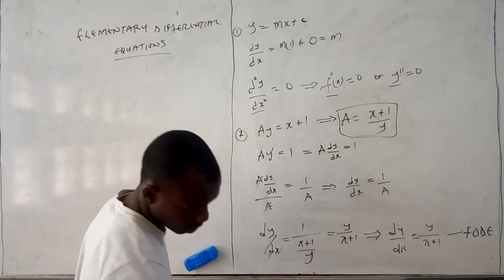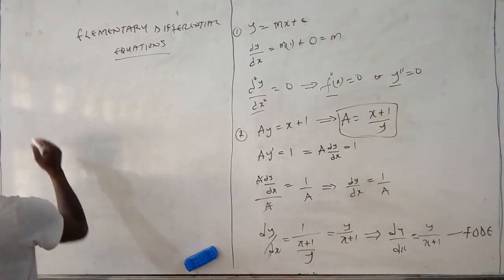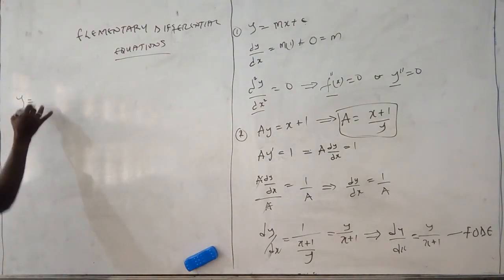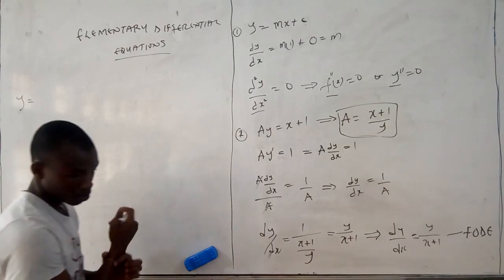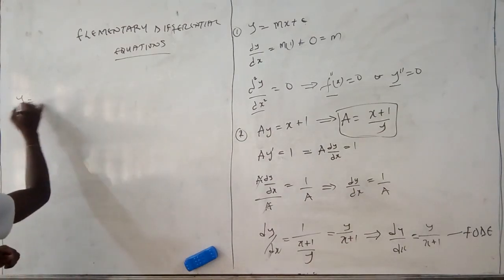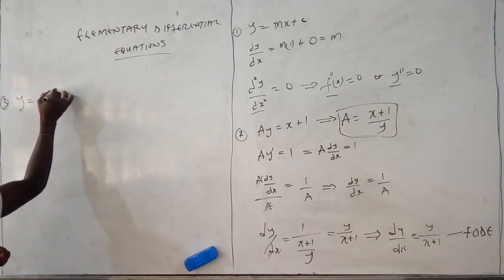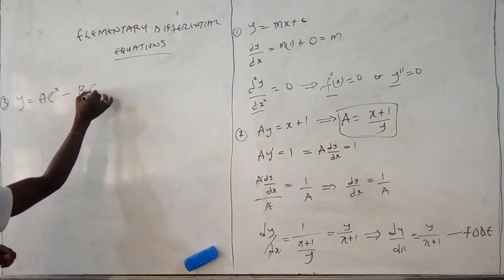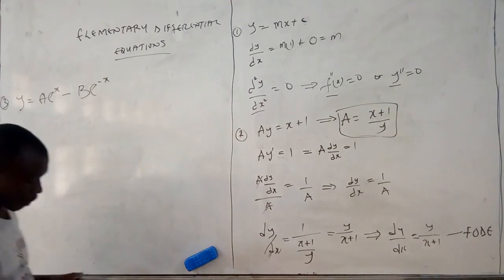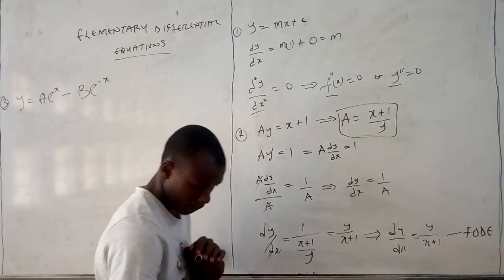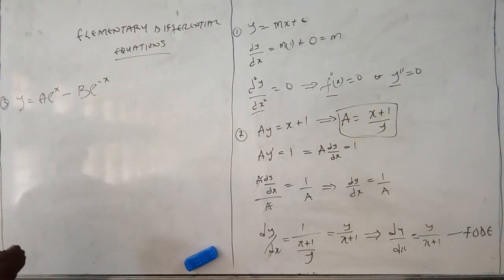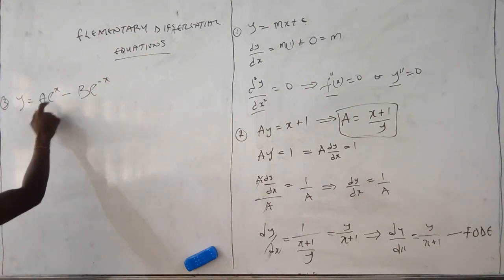Let's take another example. We have y is equal to a exponential x minus b exponential minus x. Given this, we have two unknowns, a and b.